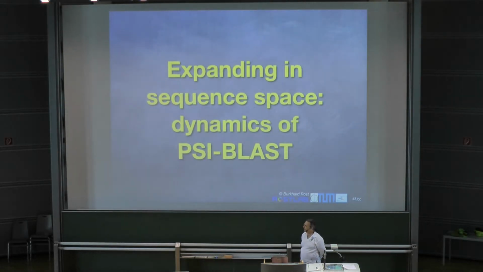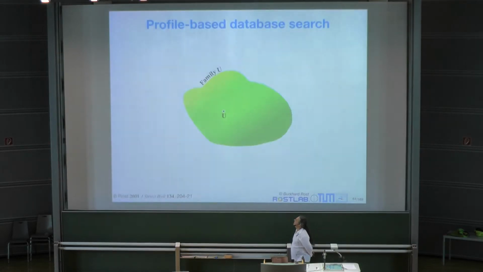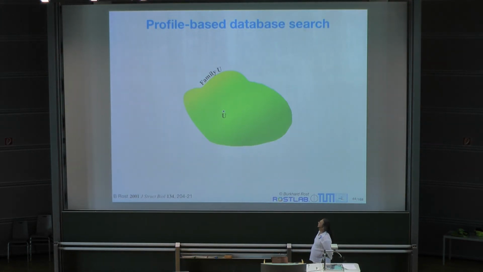Now, there is one problem that comes with it. When you expand the sequence space in this way, the way you can think about it is you start with the protein U. Say this green cloud here were my protein family. Everything in that green cloud in principle would be something that I would like to reach by my alignment method.